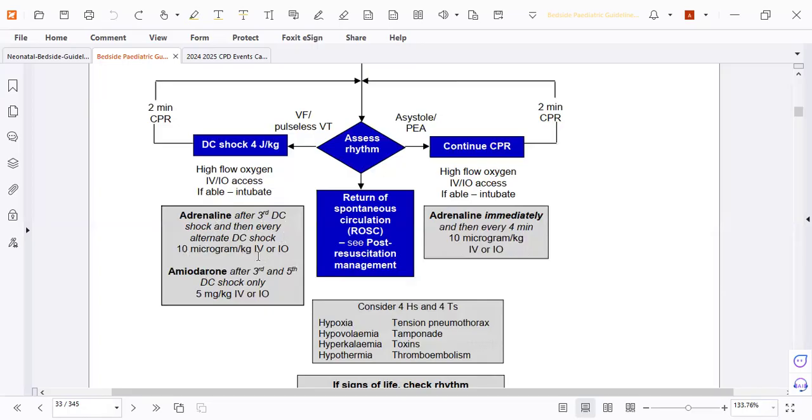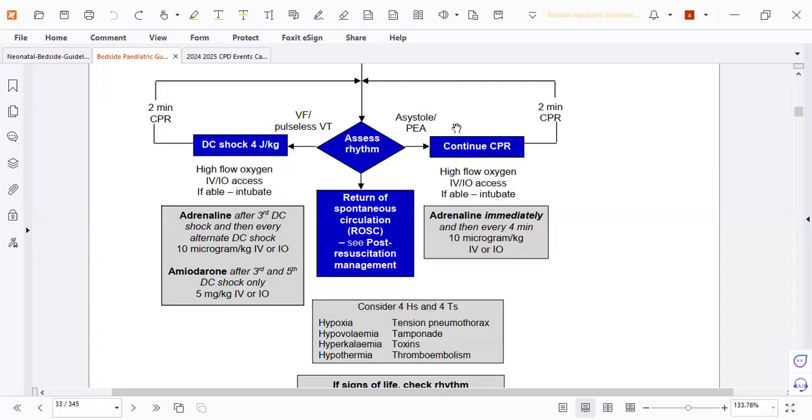That's 10 microgram per kg IV or interosseous, according to the patient age. Amiodarone after the third and fifth DC shock only, 5 milligram per kg IV or interosseous, okay? So that's the post resuscitation management.